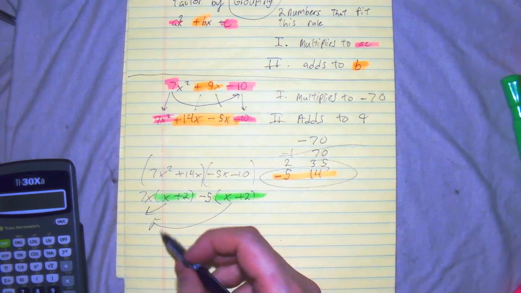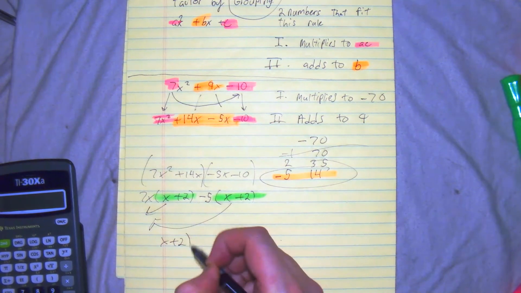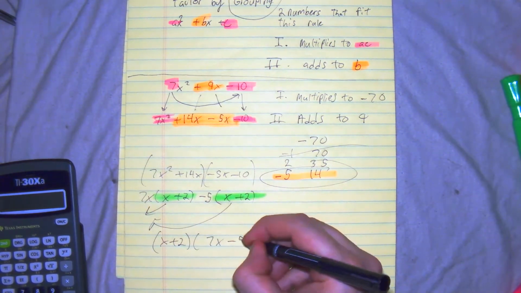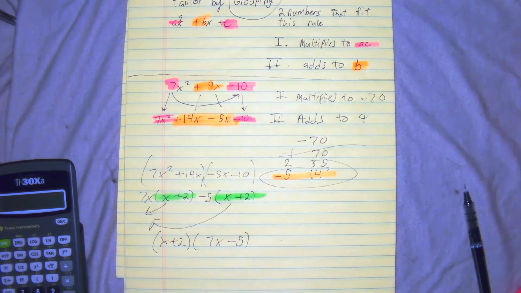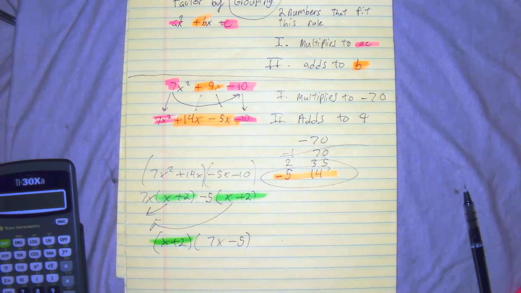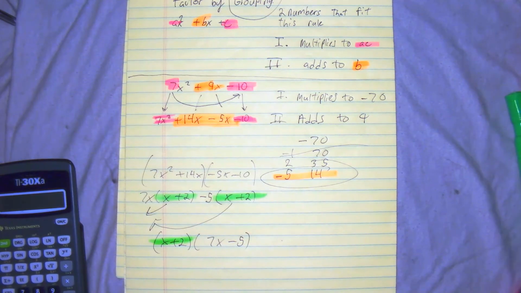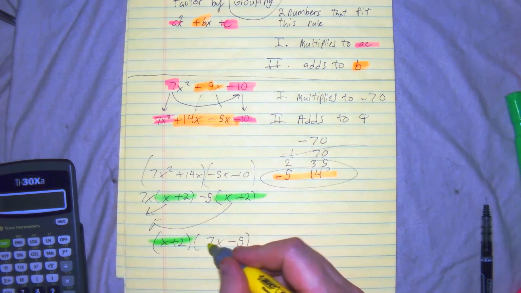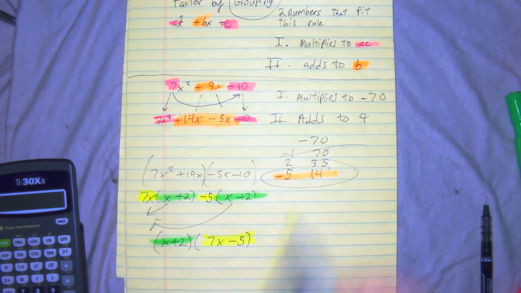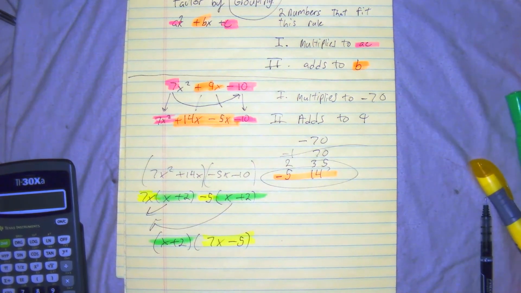So it would look like this: x plus 2 times 7x minus 5. So that x plus 2 was from what we pulled out, and the 7x minus 5 was right here. So that's one example on how to factor by grouping.